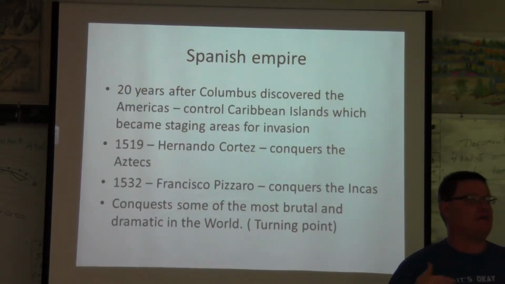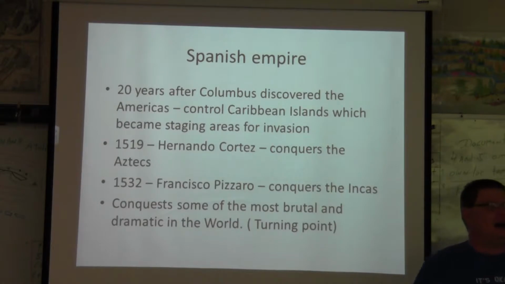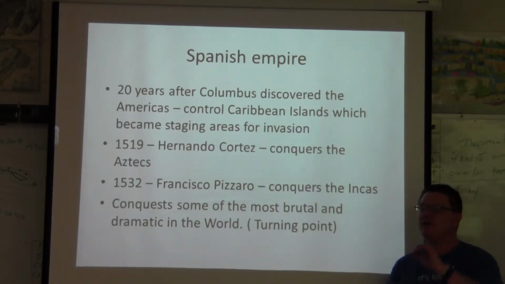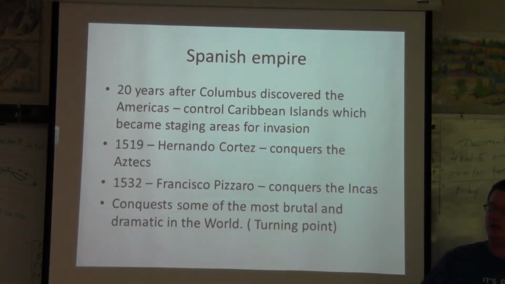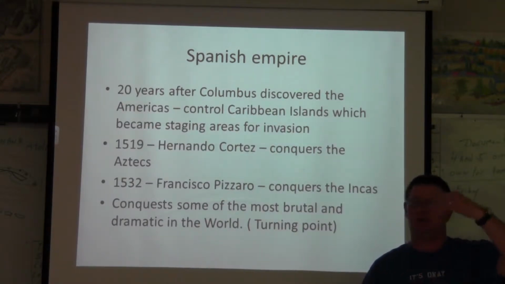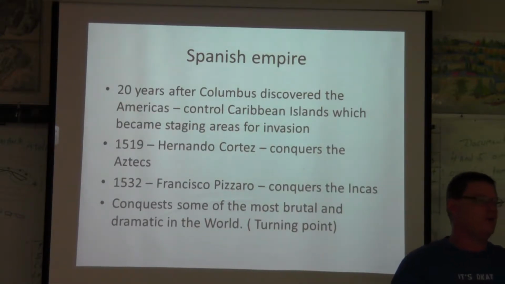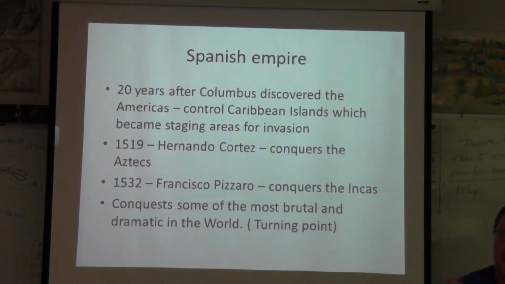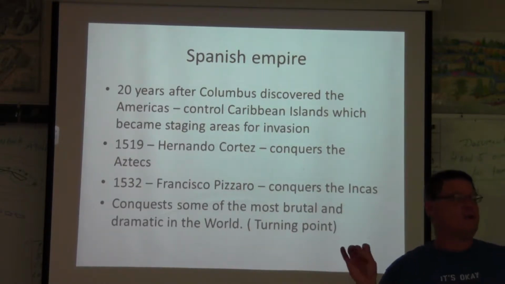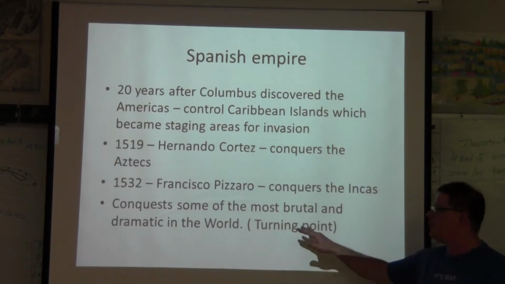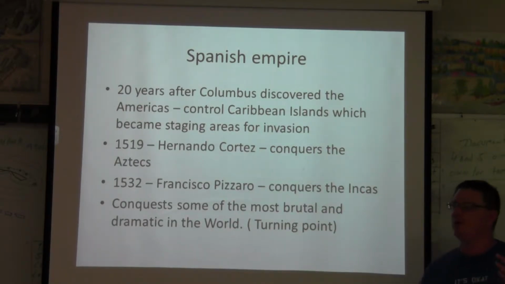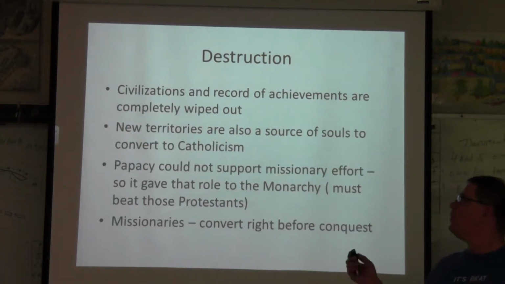People will be not only enslaved, but this is an entire wiping out of advanced civilizations with a long history. Monumental architectural achievement. Great works of engineering like aqueducts and chinampas and terraced agriculture. Writing, math, science, and religion are going to be wiped out because they're simply not European. Some of the most brutal and dramatic in all of world history.